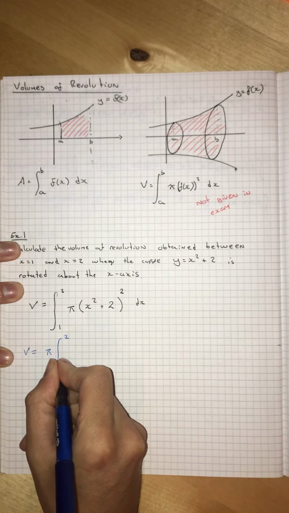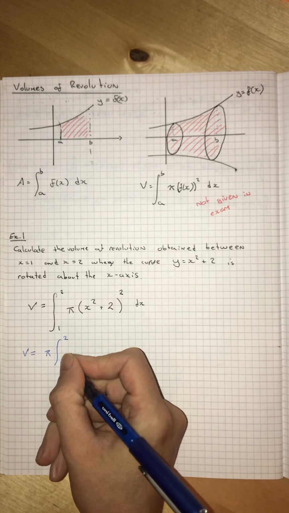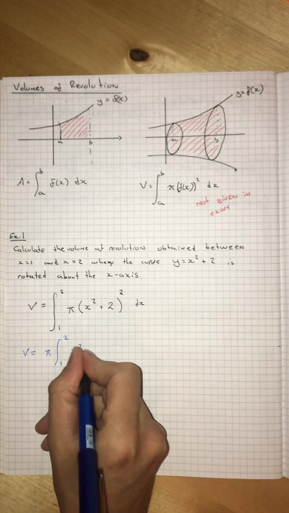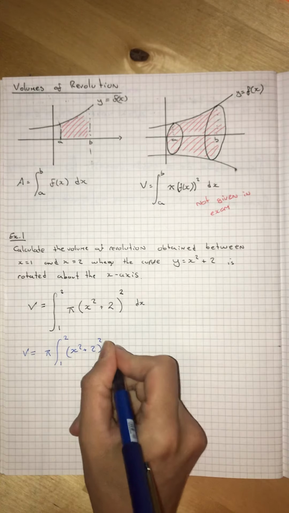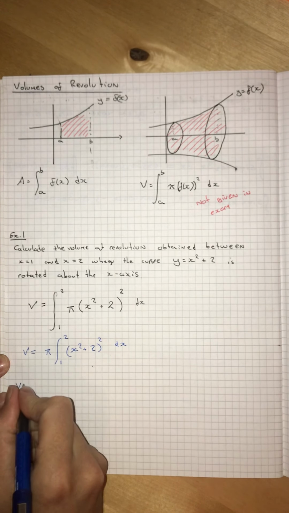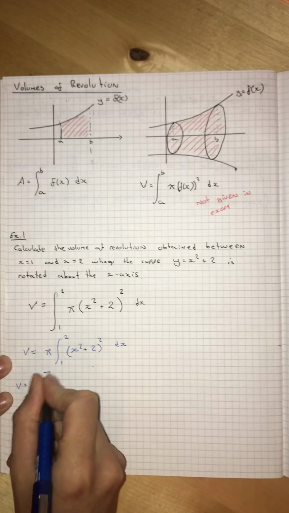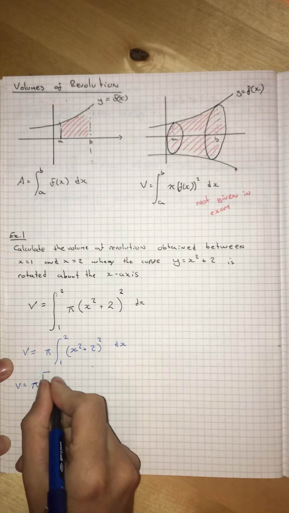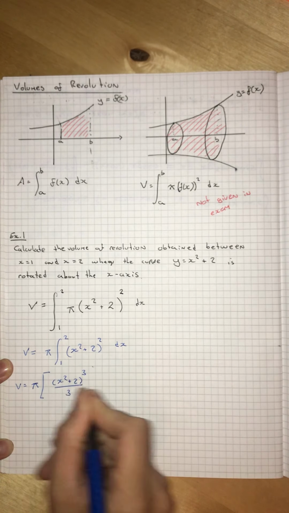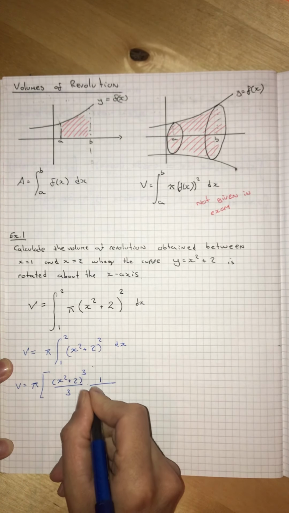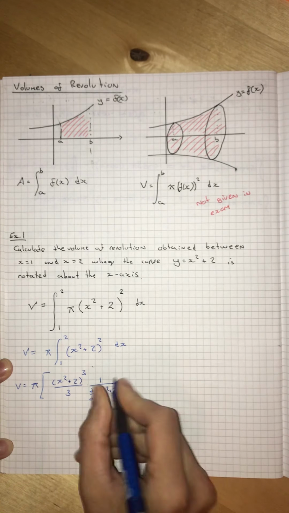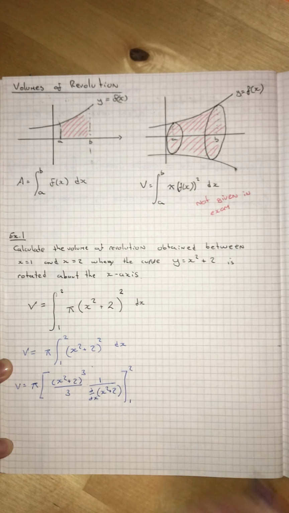The integral from 2 to 1 of x squared plus 2 all squared dx. So the integral of that will become x squared plus 2 cubed all over 3 times 1 over the derivative of what's inside the brackets, which is x squared plus 2, between 2 and 1.